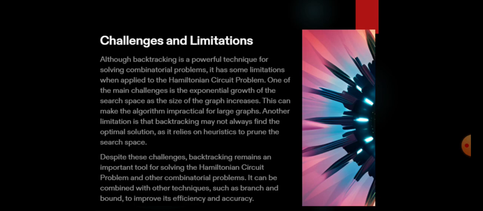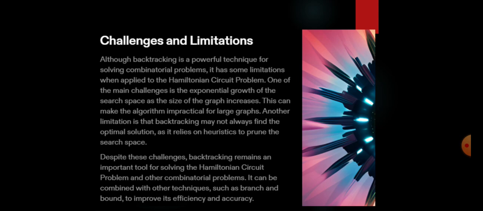If the size of the graph is very large, it automatically takes more time, and this can make the algorithm impractical for a larger graph. That is the main limitation.